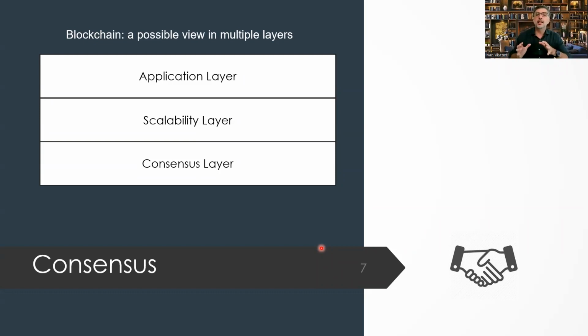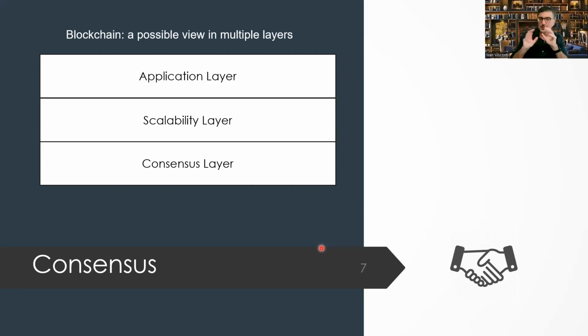The scalability layer tries essentially to generate a summary of what all smart contracts are doing, because the summary will be much lighter, and then this lighter information is transmitted to the next layer, that is the consensus layer. The consensus layer is the actual moment in which the truth is established, which means the current state of the blockchain is decided by the consensus layer.